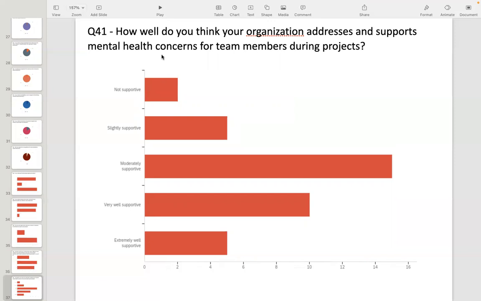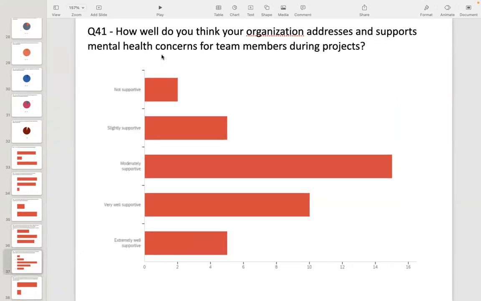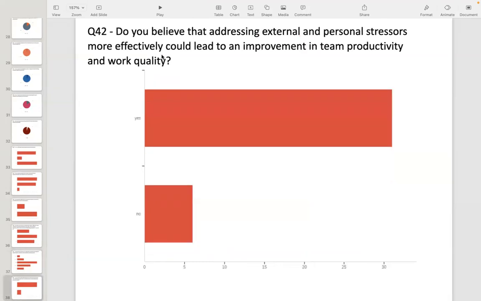But we wanted to include it in important factors, because if a person is not mentally 100% capable, or is having some issues with mental health, it may affect the productivity of the team and also the productivity of the person in general. So it is important to address those questions. And so we asked if the organization does support or address some mental health concerns or not.